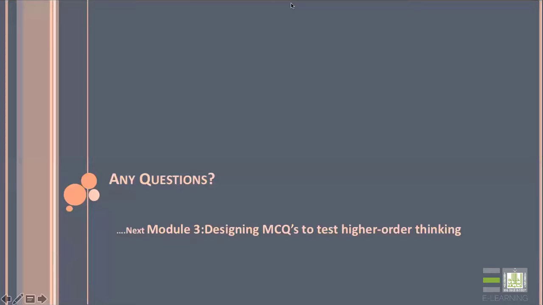Okay, I've got a question here with regards to negative questions. The question says, what is the problem with using negative questions? Negative questions are suggested to be avoided because they require a higher cognitive load for students.